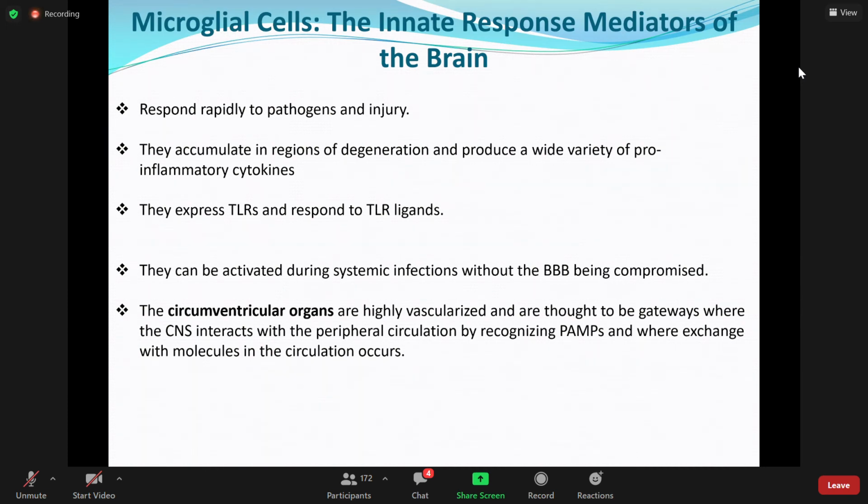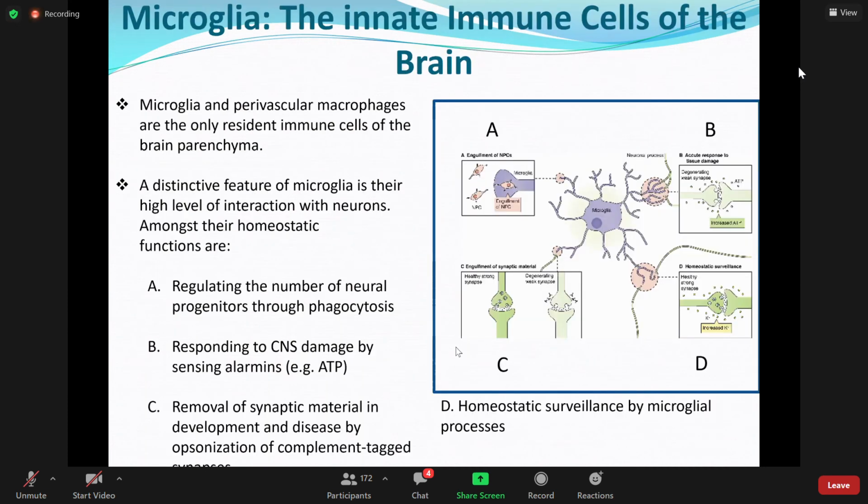The microglial cells also play a protective role in the brain. They respond to microbial invasion by producing cytokines after recognition of the PAMPs, and they migrate to areas of the brain where there is damaged tissue.